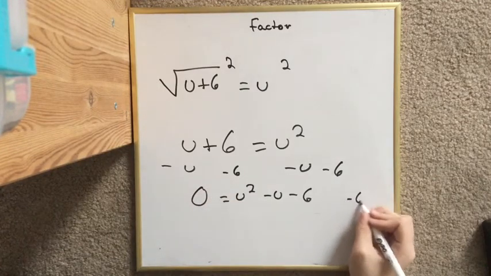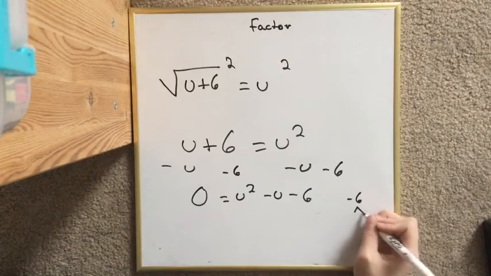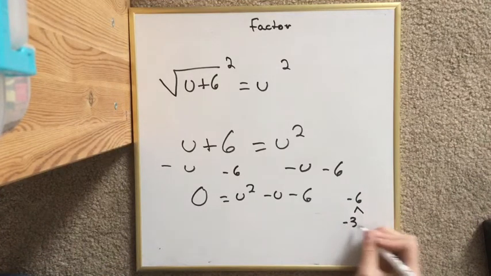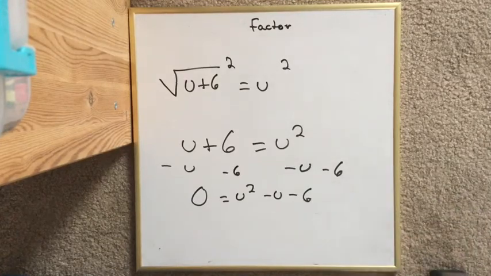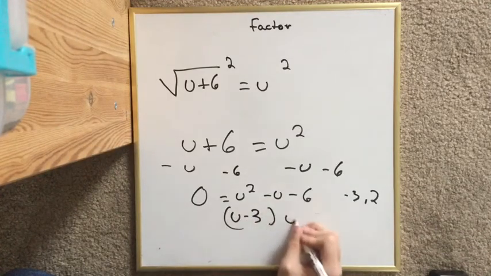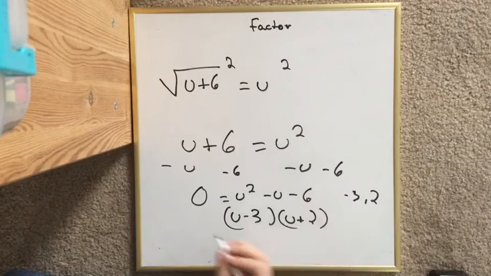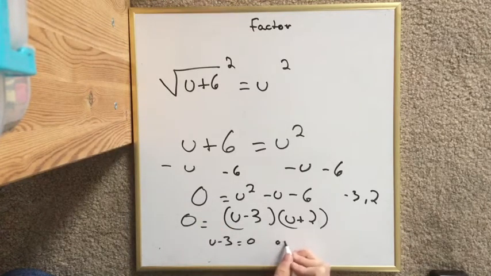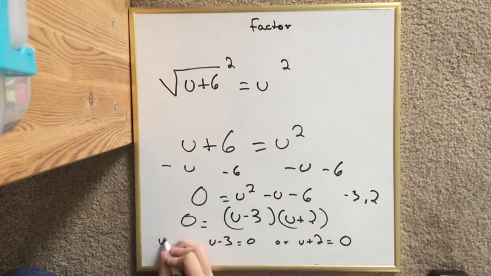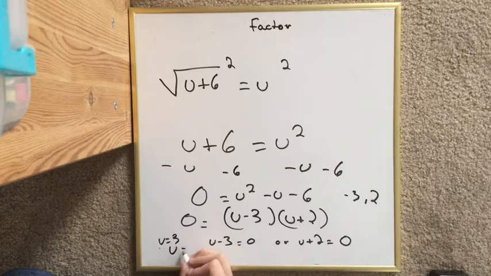So we have to find our two numbers, so negative 6. We get negative 3 and 2 are going to be our numbers. All right, hopefully you've gotten good at finding those. All right, u minus 3 times u plus 2, rather, I'm sorry, equals 0. We set both of our answers equal to 0. So we get u equals 3 or u equals negative 2.